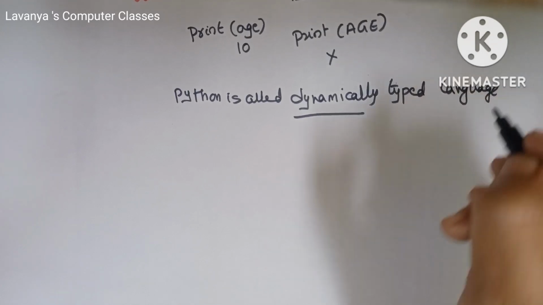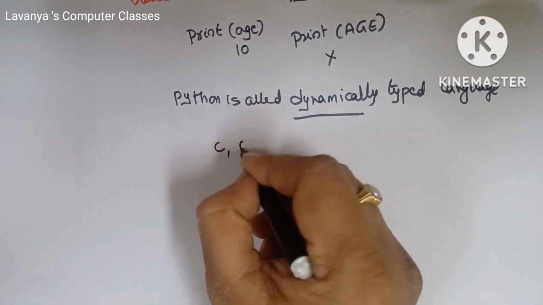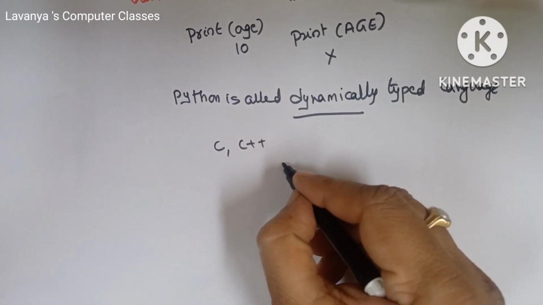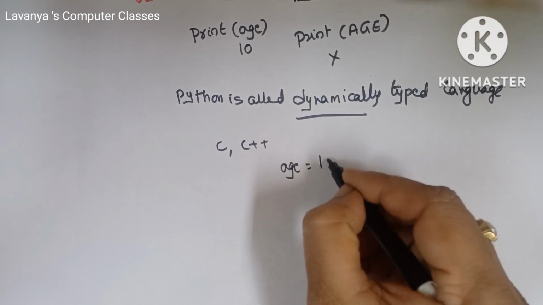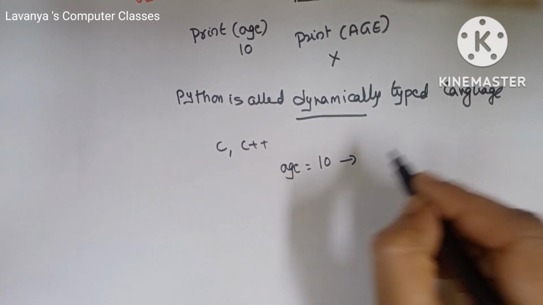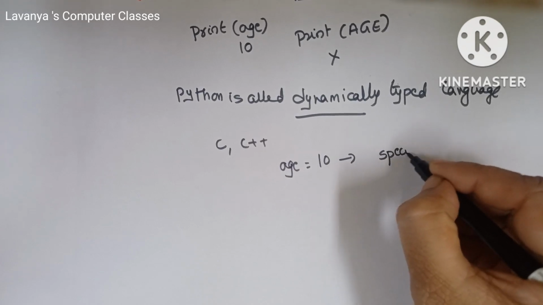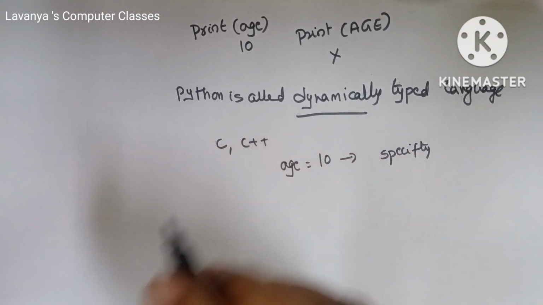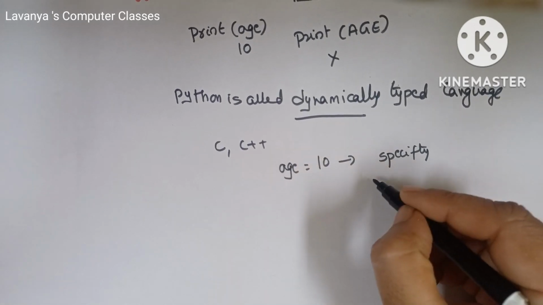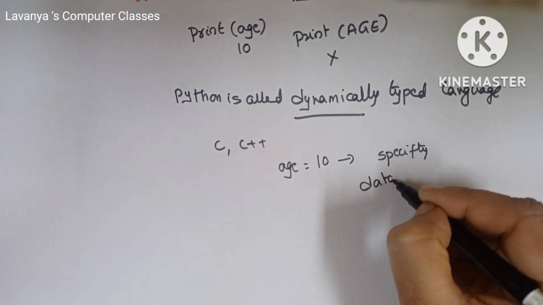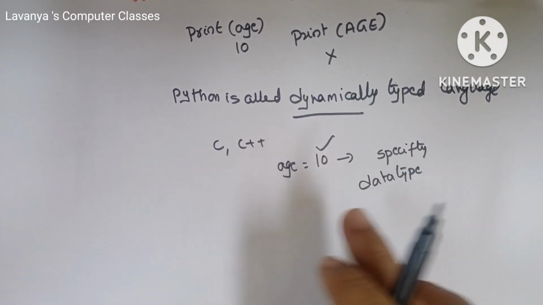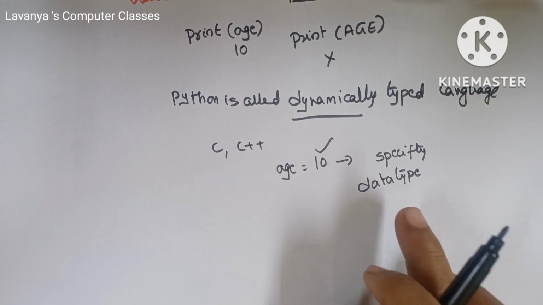Dynamically means that in some other languages like C, C++, Java, before accepting the value, for example, A is equal to 10, before giving any value to the variable, we have to specify the type of the variable also. A belongs to which type of data? That means you have to specify the data type before accepting the value.